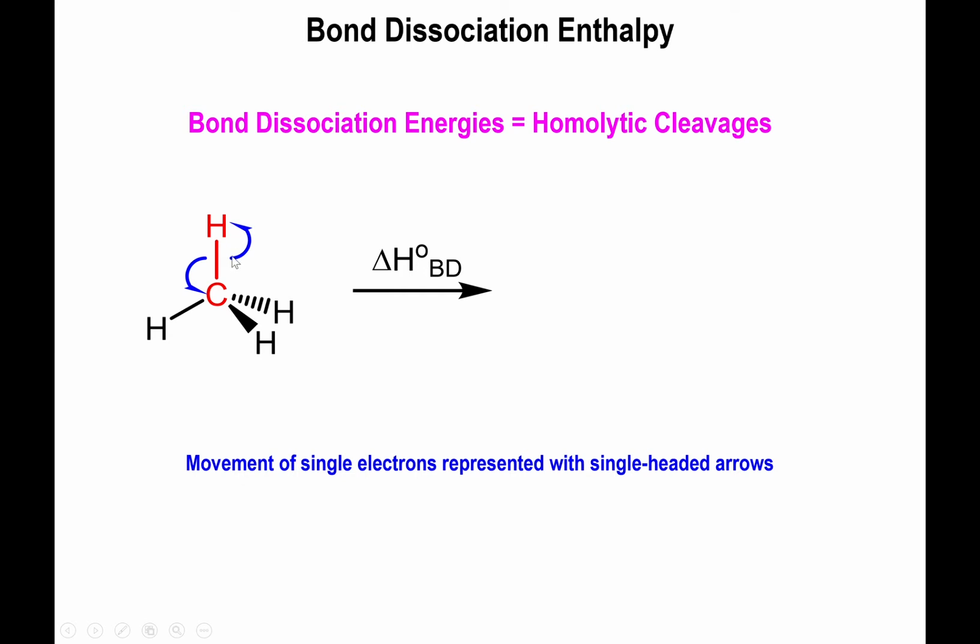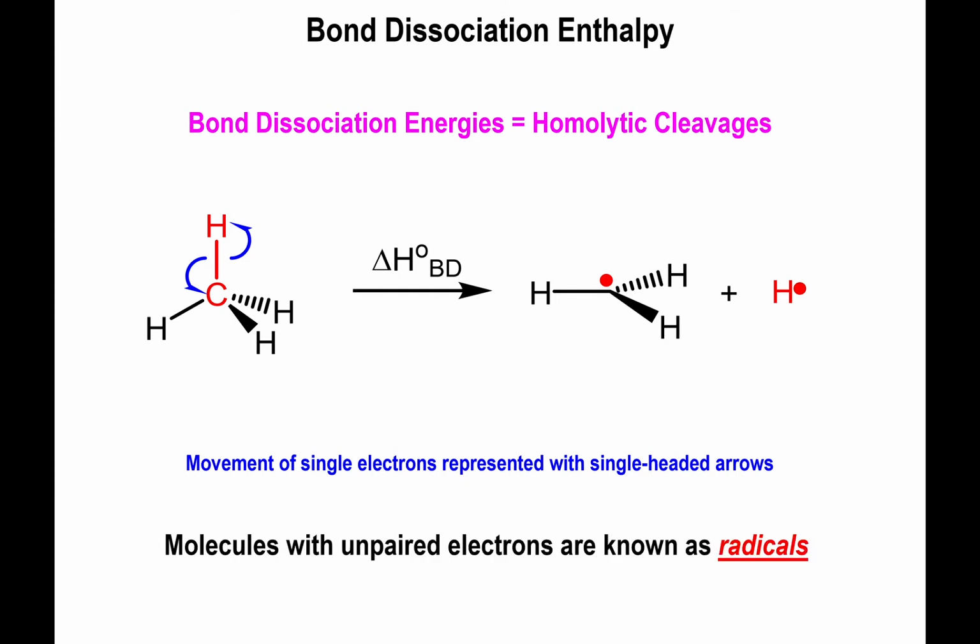That's because this is meant to represent the movement of only a single electron. And likewise down here, notice that this curved arrow does not have that double head, only a single head, which tells you that you're only moving one electron towards the carbon and you're moving the other electron towards the hydrogen. So in the process of breaking this bond, you are forming what we call radicals.